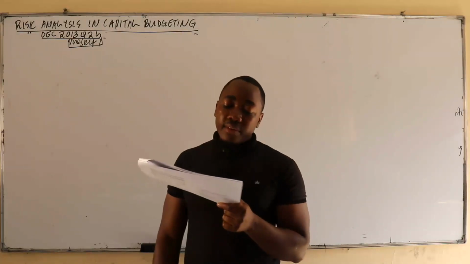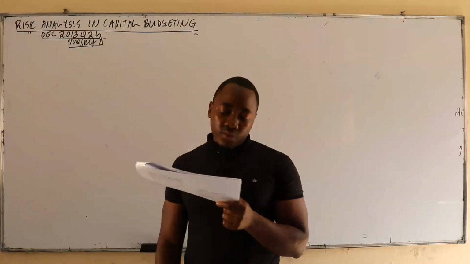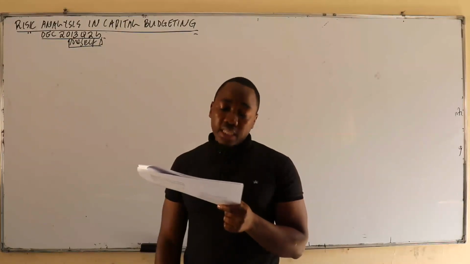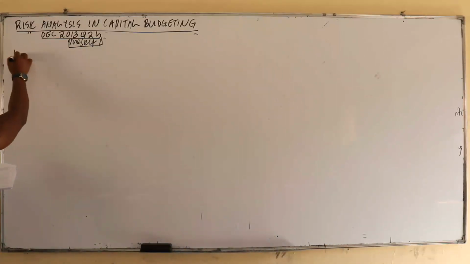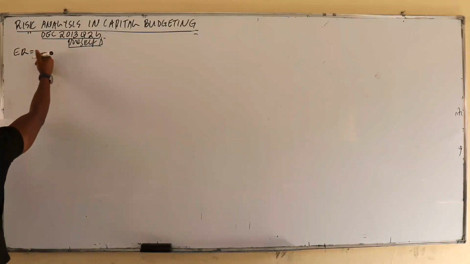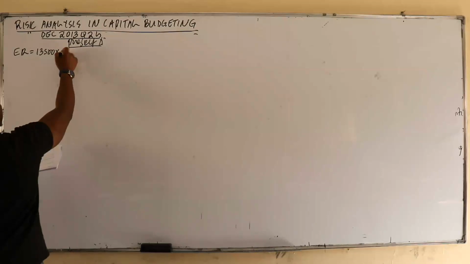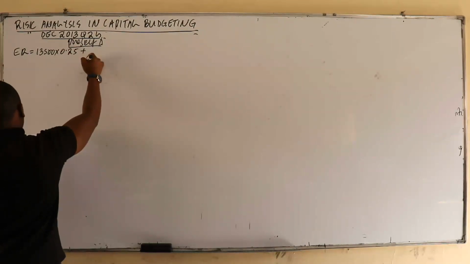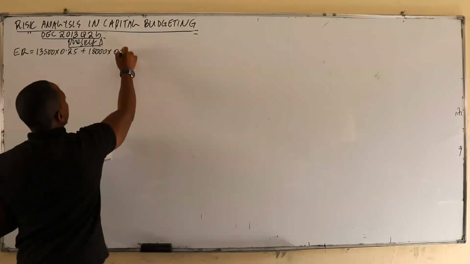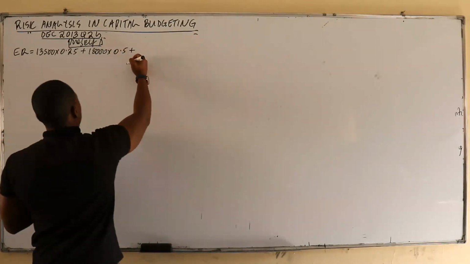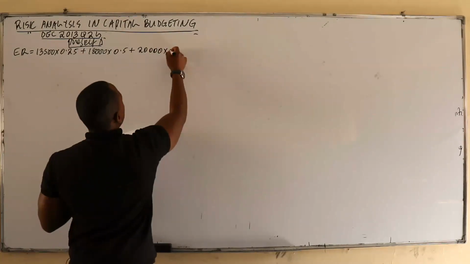You have the state of nature, probability, and the amount. First of all, determine the expected annual cash flow. It can either be 13,500, and the probability of that happening is 0.25. It can also be 18 with probability of 0.5, or 20 times 0.25.